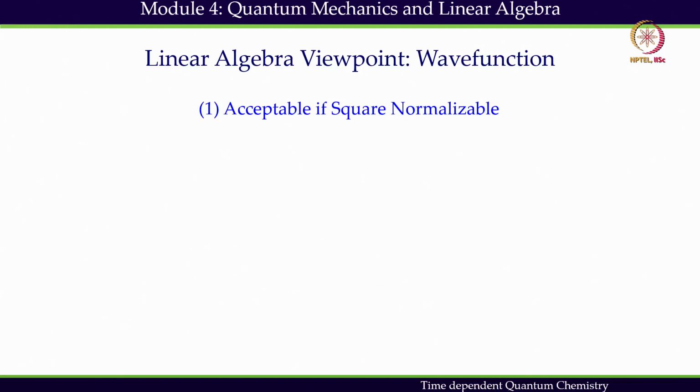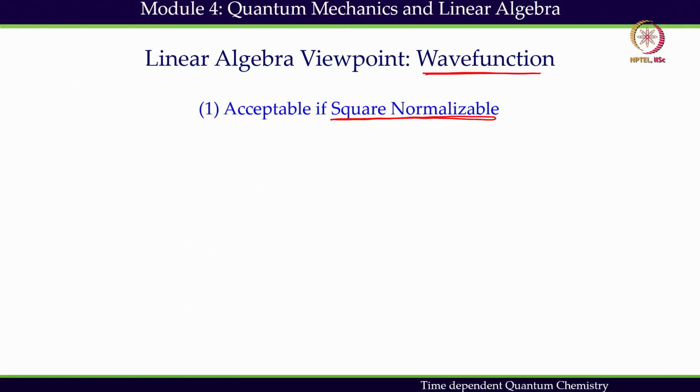So, let us begin with the general properties of a function from linear algebra viewpoint. All well behaved wave functions which are acceptable in quantum mechanics must be square normalizable. This is something which, without noticing it, we have used. We have used the normalization condition. We have said that before the time evolution, we must always take the normalized wave function.